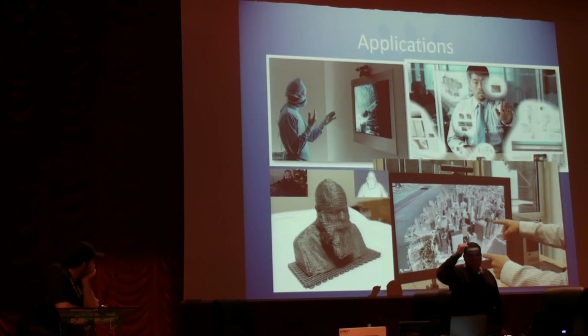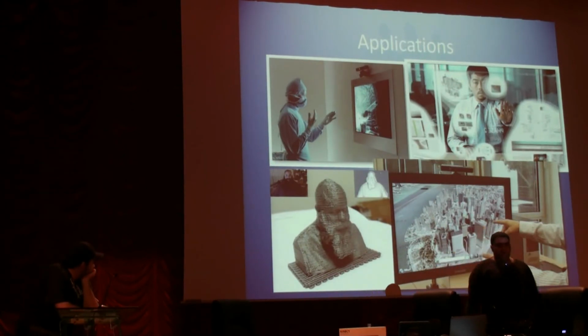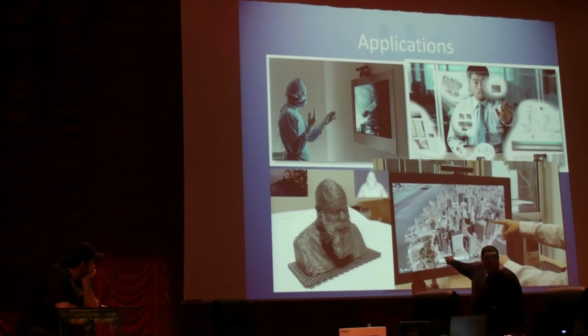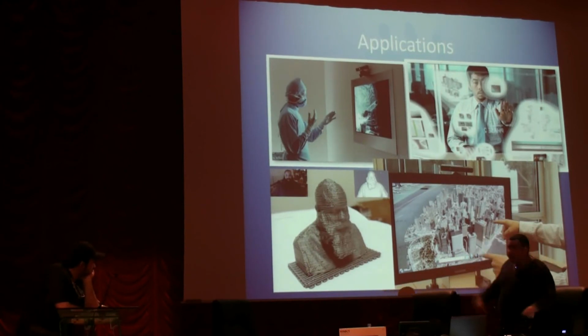Actually, the problem with body scanning is that you have to stand still, but with this technology, the person can rotate and take the complete shape of him. And this is interacting with maps. There's an application for Bing Maps where you can zoom in, zoom out, do everything. And this is what you are asking about, the background, you can move.